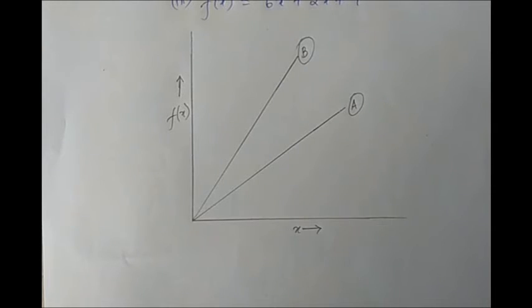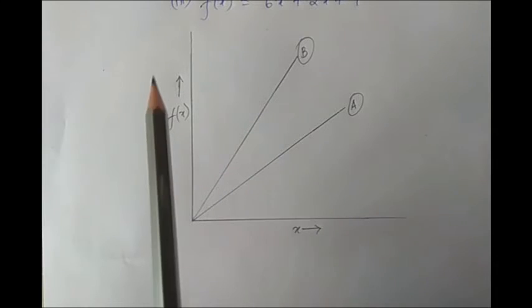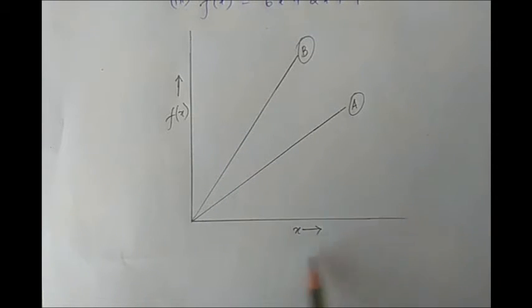Now, before we actually start discussing derivatives or differentiation, let us look at the graph here, where I've plotted the dependent quantity along the y-axis, of course, and the independent quantity along the x-axis.